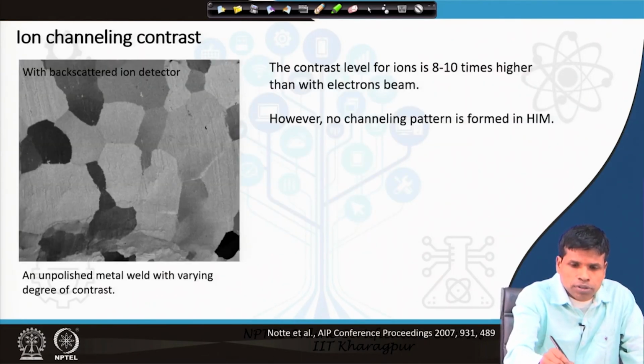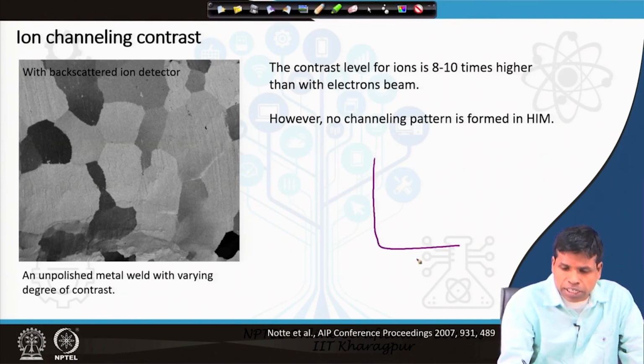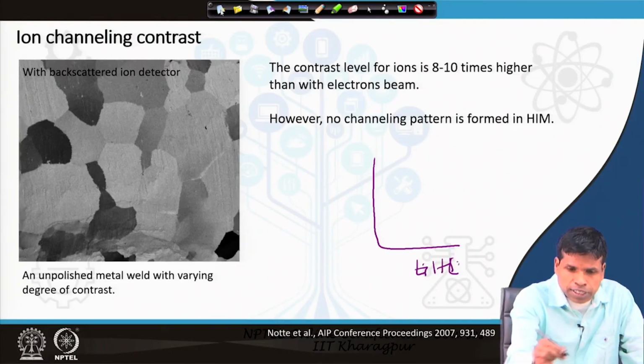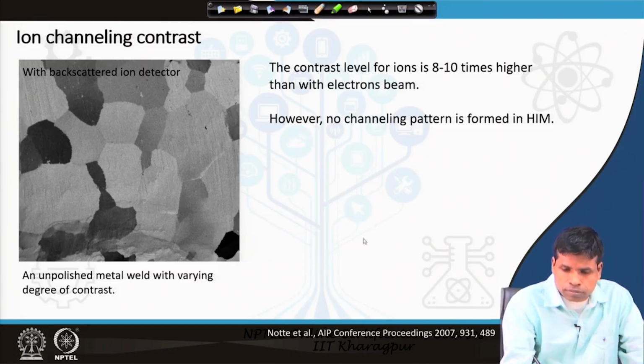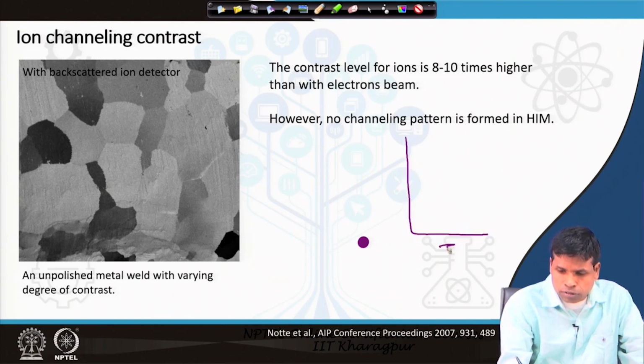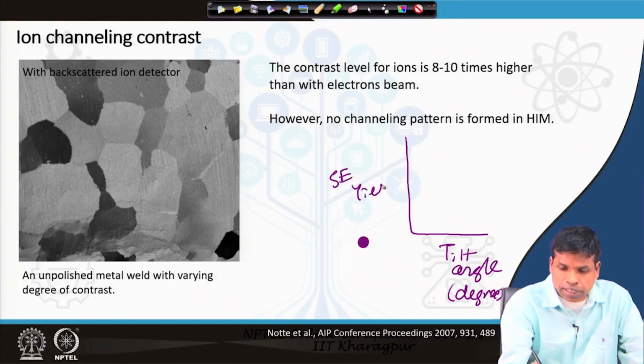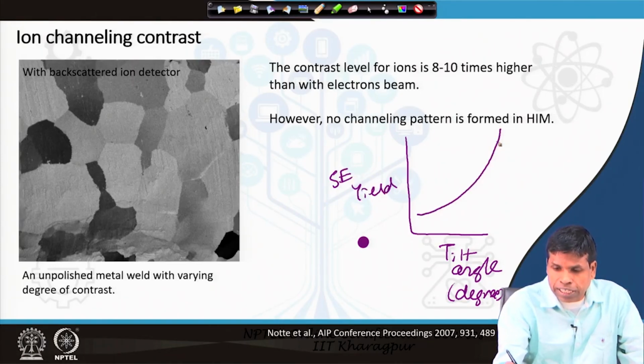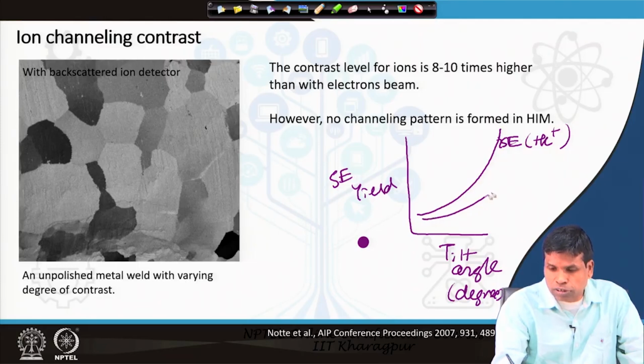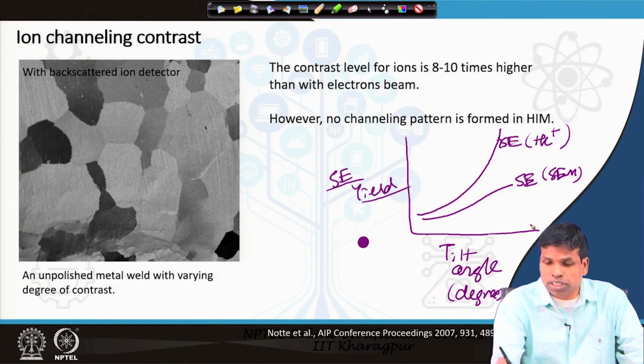We have seen before the tilt angle and here the SE yield, we have seen that the SE yield with helium ion is much larger than with SEM, because the yield is much higher with tilt angle. Topographical contrast is again better with a helium ion microscope.